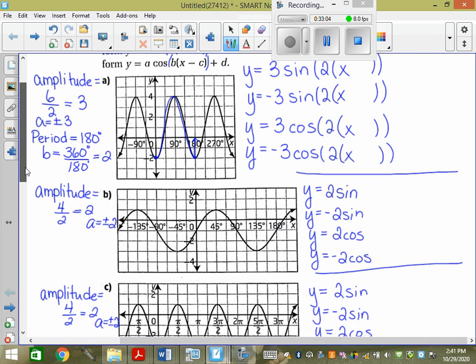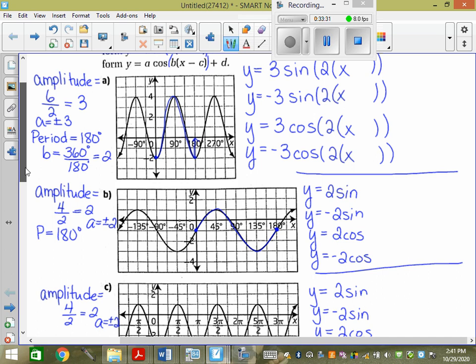I can start at the y-axis and go from max to max, 135 plus 45, 225. Or I can go past the max, past the min, back up to that same height. When did it repeat itself? Horizontally, from 0 to 180. So how long did it take to repeat itself? 180.